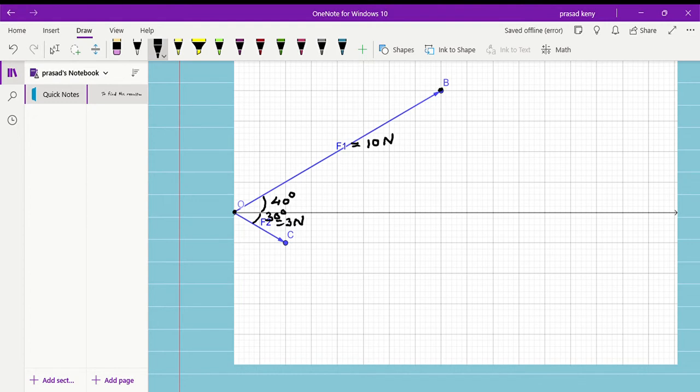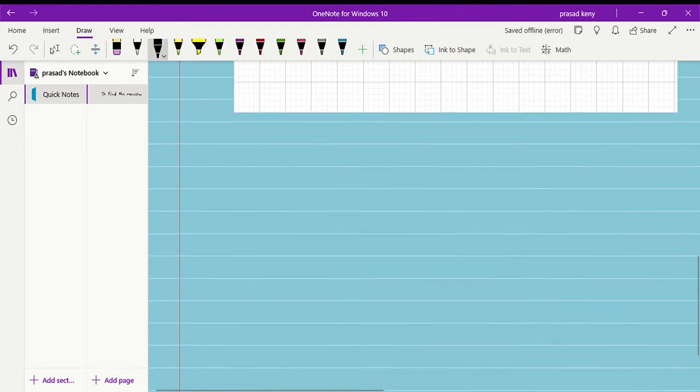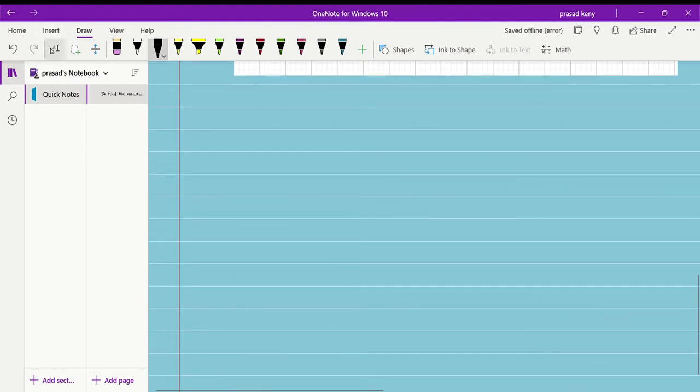So, let us see what to do in this case. So, I'll make that clear by putting the next diagram here.